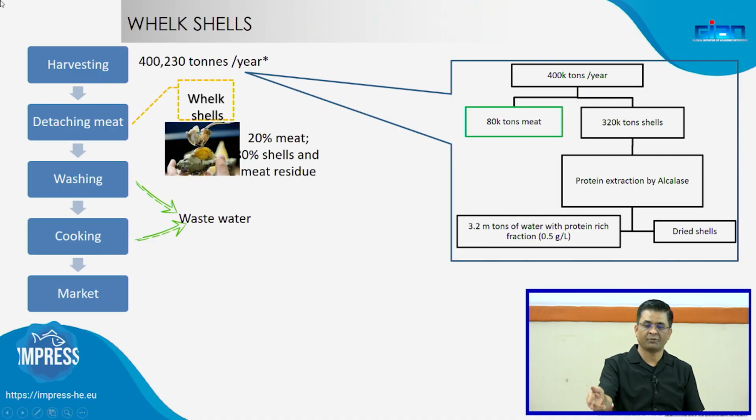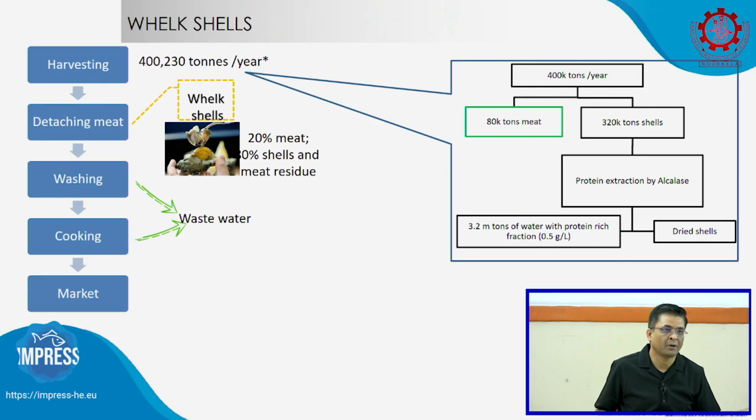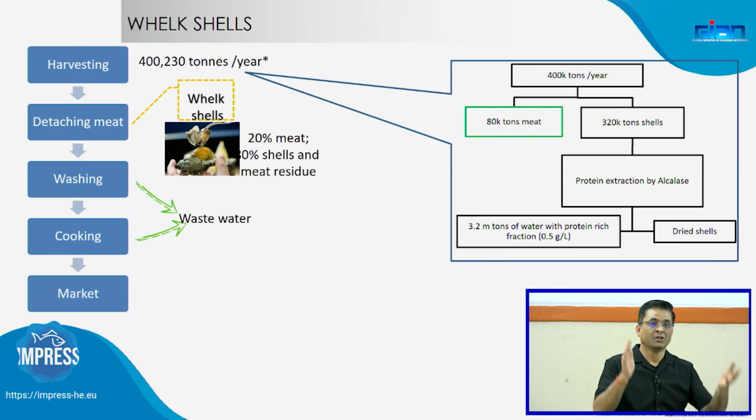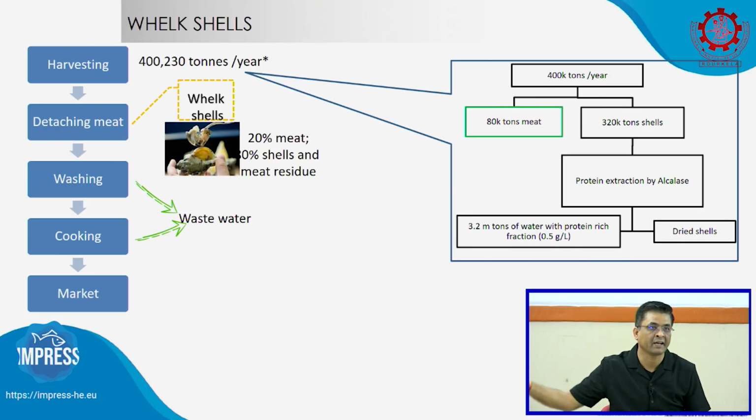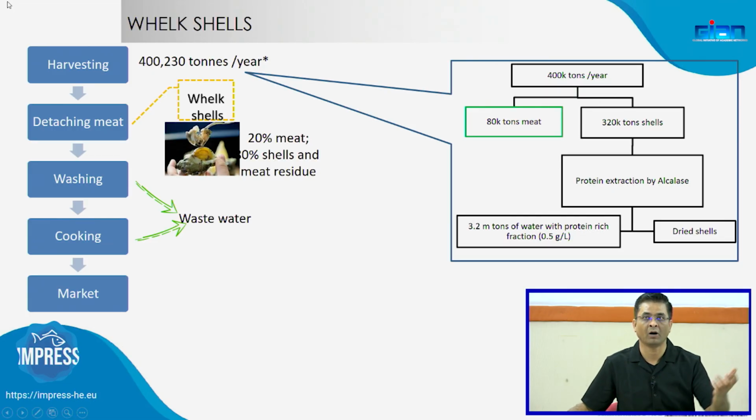Even a small processor who is processing 1000 kg per day or 1000 kg per week of crab, the amount of water it is producing is being dumped. You have to put in a simple membrane system to recover the protein, dry it, and sell it as a soup mix or make an ingredient out of it. Those who like fish also like salmon fish flavor, or crab or whelk.